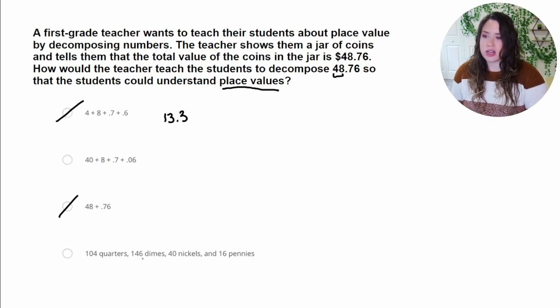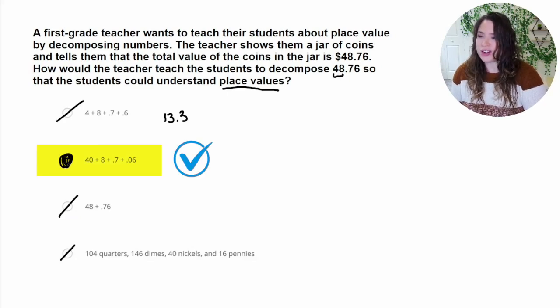This fourth option here is breaking it down into different denominations of money, and that's not the point of this question. We're trying to get to place value. So the correct answer that correctly breaks each of these down into their place values, the 4 is representing a 40, the 8 is an 8, we have a 10th, 0.7 in the 10th place, and 0.06 in the 100th place. So that would be our correct answer.